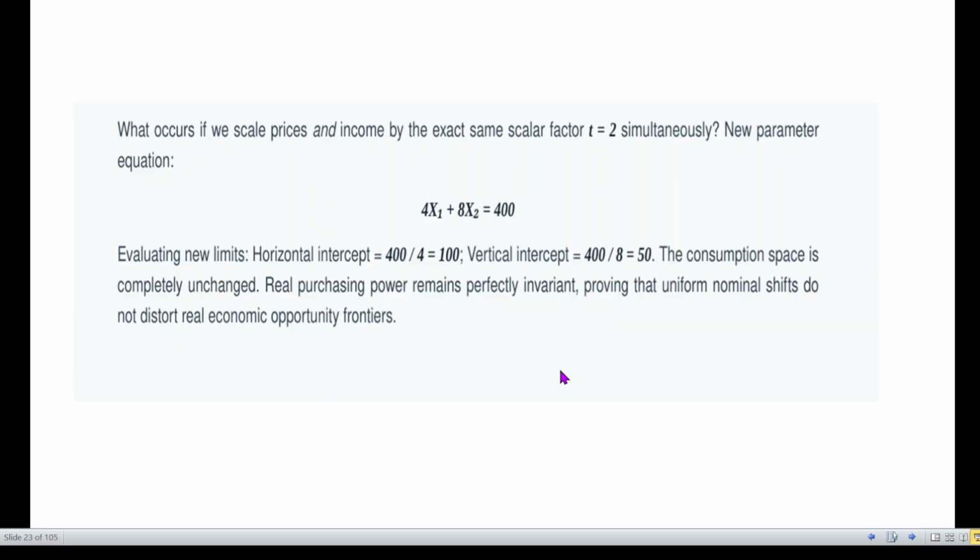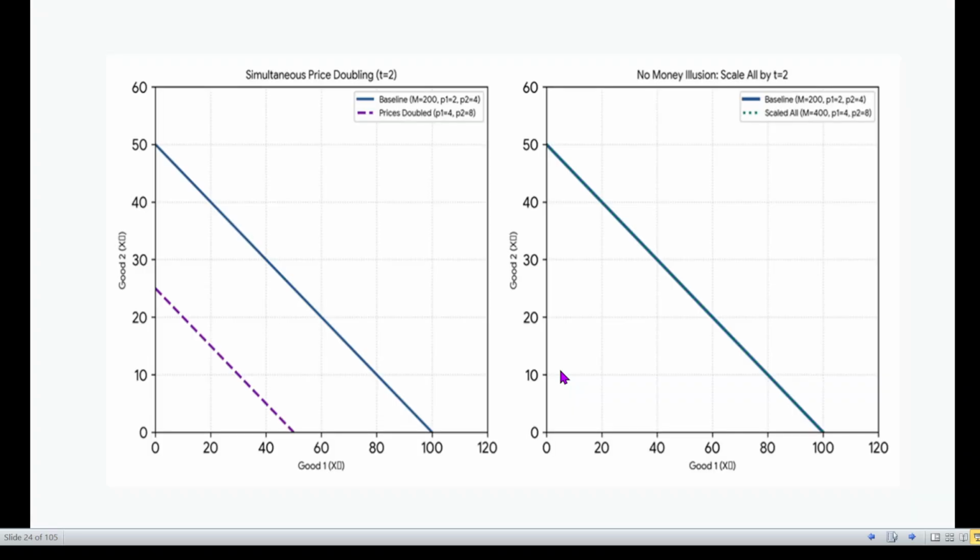And this is the graphical representation here. The simultaneous price doubling when t is equal to 2, and the baseline is here. This is the baseline: m is equal to 200, price 1 is equal to 2, and price 2 is equal to 4. 100 is the horizontal intercept, and 50 is the vertical intercept here.